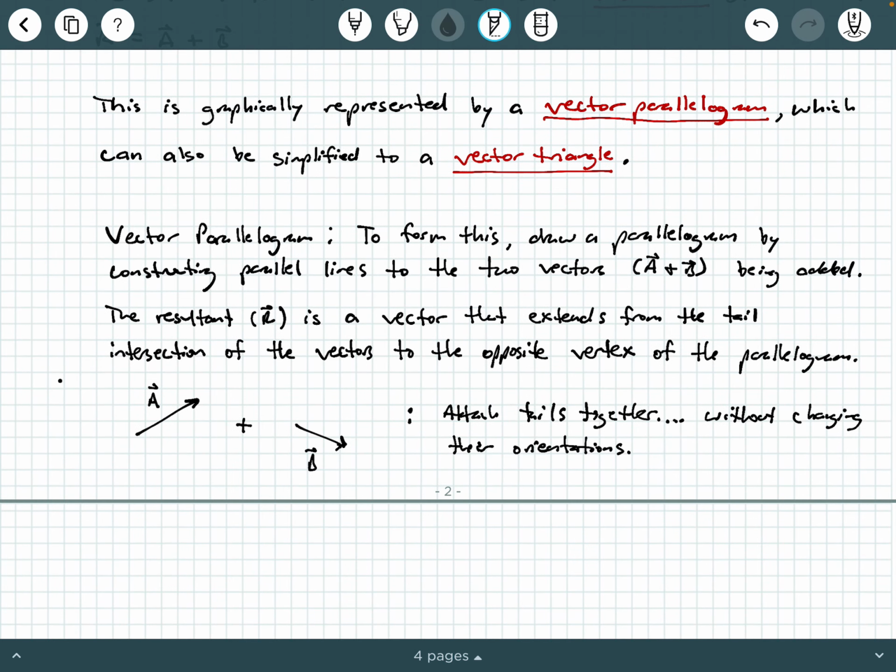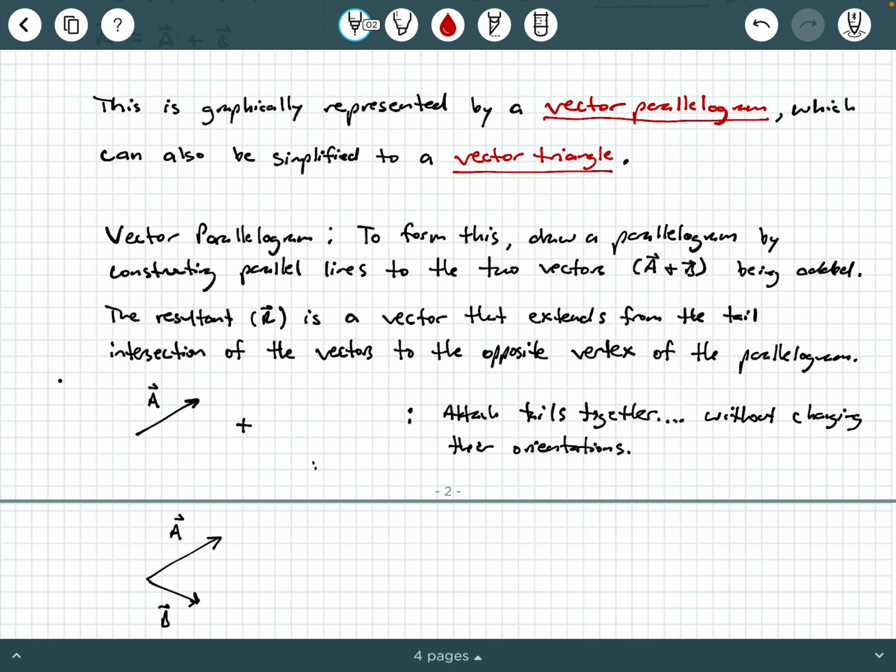So watch what I'm going to do. I'm going to take this vector A here, and I'm going to attach vector B just like this. In fact, let me do it a little better way. Let's just drag this right here. How about that? Same orientation. Then what I'm going to do is draw parallel lines to each of these two vectors.